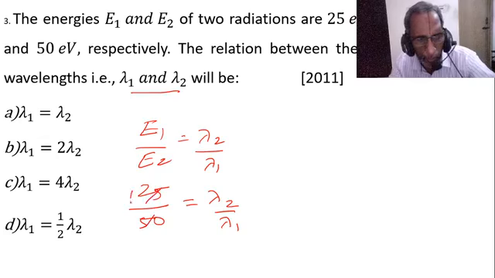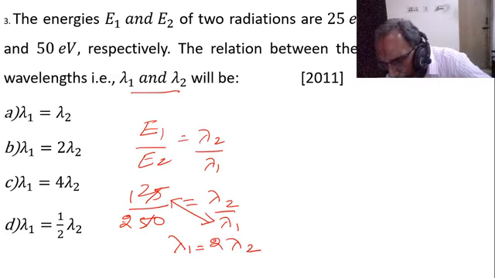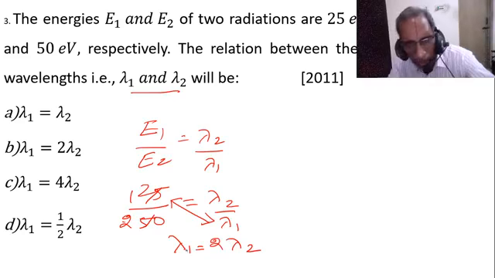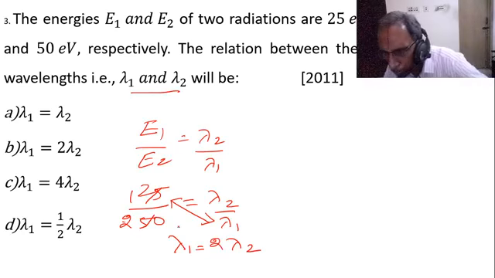If you simplify, 25 into 2 is 50. When two fractions are the same, their cross products are the same, everybody knows. So if you cross multiply, 1 into lambda 1 is equal to 2 into lambda 2. So lambda 1 is equal to 2 lambda 2.